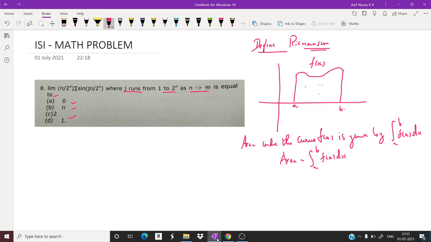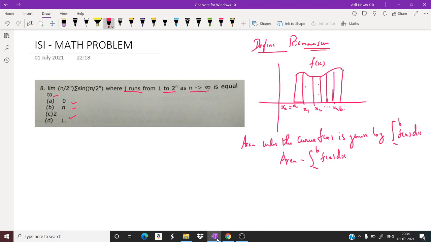So I'm cutting this into n equal intervals. So a, I'm calling it x naught, then x1, x2, etc., xn. So I'm cutting it into n equal intervals. So the length of each interval is this.